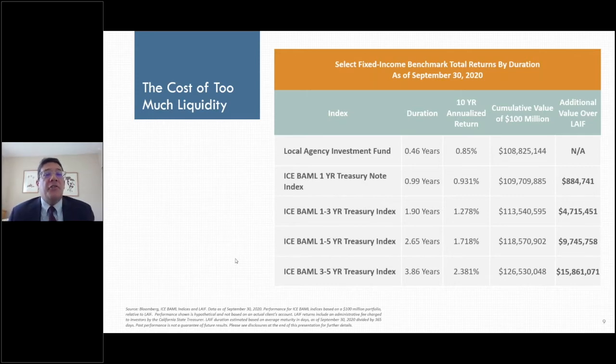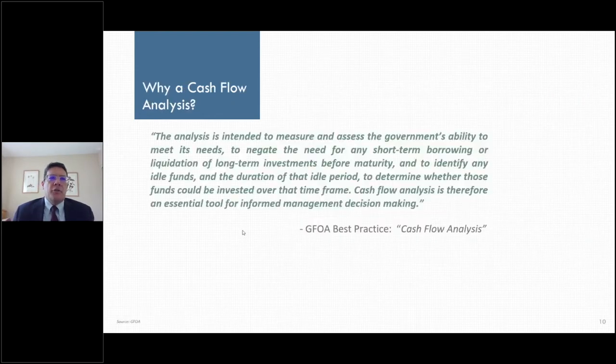So there is a cost, and that cost is cumulative, and you can see the numbers are very real and very much impacting. So why do we want to bother with all of this? I mean, you could just keep it liquid and you'll always have the money available. Well, looking at GFOA's best practices, the idea here is that a cash flow analysis is intended to measure and assess a government's ability to meet its needs and to negate the need for any short-term borrowing.